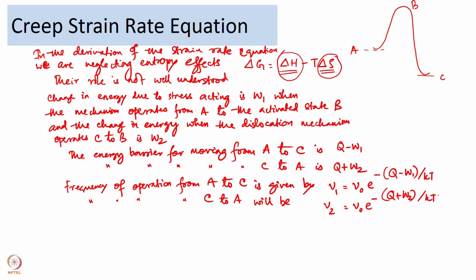This is coming from reaction rate kinetics. B is the activated state. In reaction rate kinetics, when two reactants react with each other to form the product, they go through an intermediate stage, the activated stage, before they reach the product stage. Similar concept at work here.